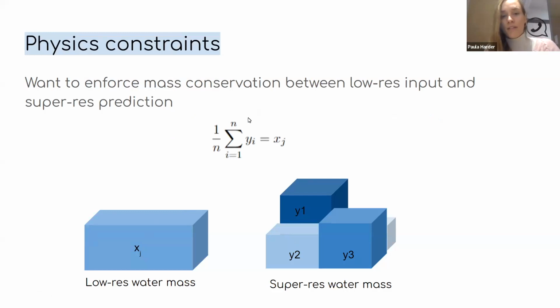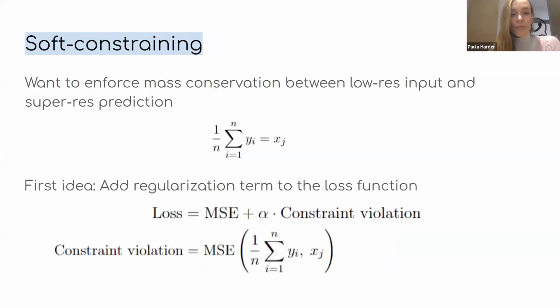So that would just be the average over the predicted pixels yi matches the input pixel xj. And j just goes over all the pixels in our input. For the future, x is always going to be the input, y the output.